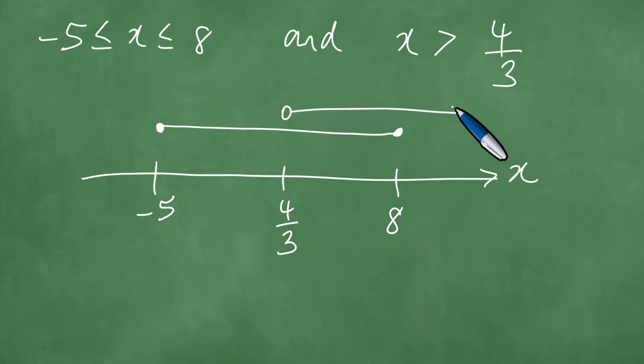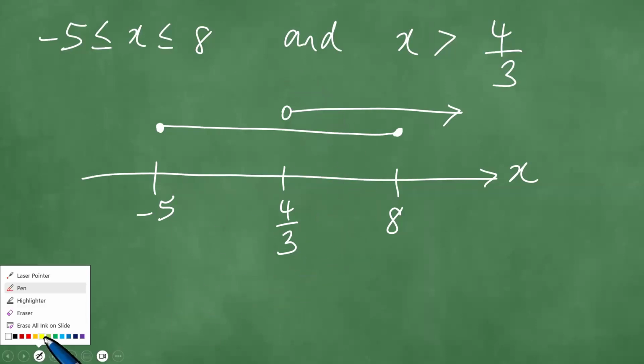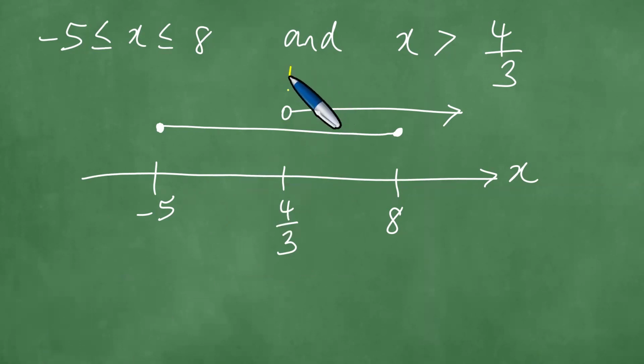Now the question is, what do we get out of this? We are able to see that the solution occurs where these inequalities overlap.